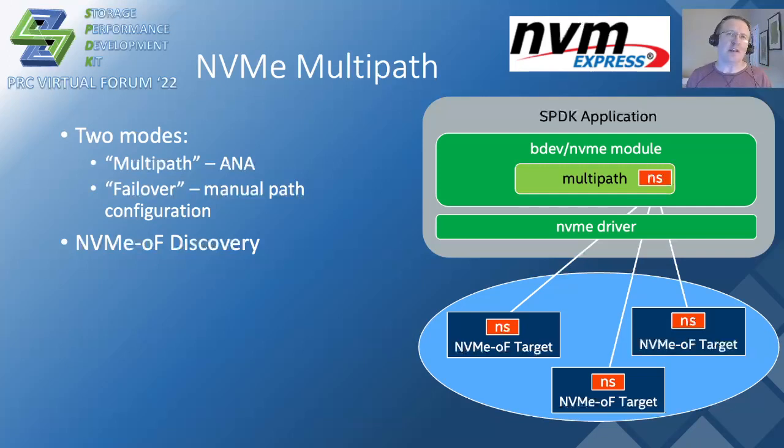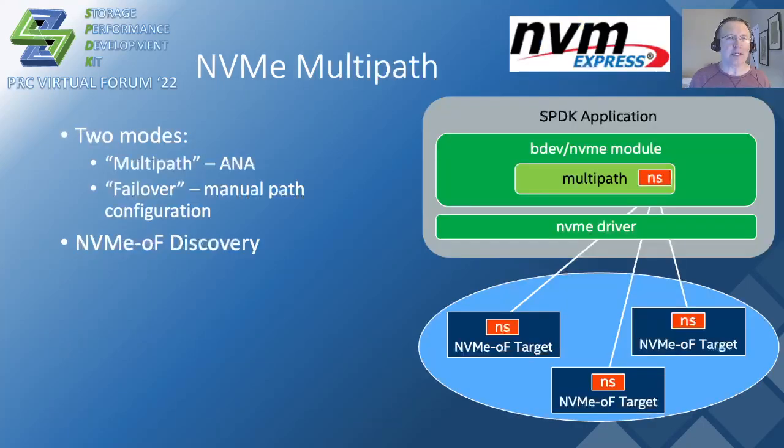This allows the initiator to dynamically determine, out of the paths that are available, which one is preferred, which one is optimal. We also have a more manual path configuration called failover mode, which allows the administrator to explicitly configure paths, and then if one path fails, it will automatically fail over to the next one.